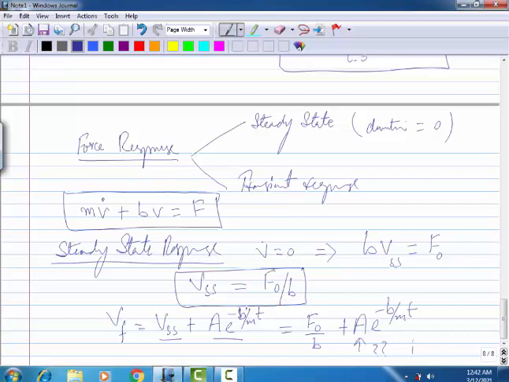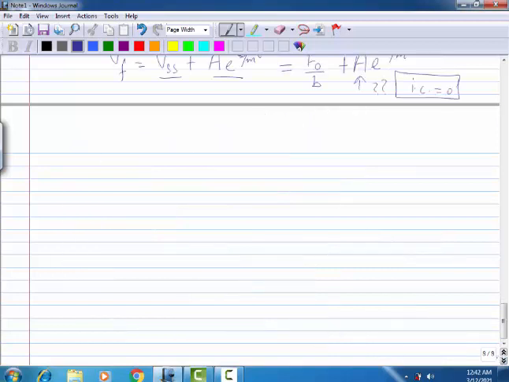So for this one we have to put initial condition equal to 0. Then we can find this. If I go to the next page, I can say that the force response is equal to F naught divided by B plus A exponential minus B by M t, and because it is the force response we know that the initial conditions are 0.